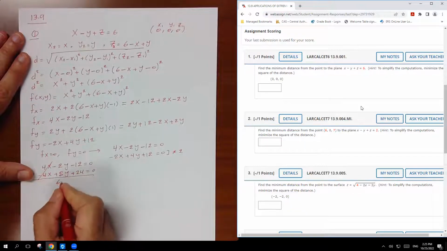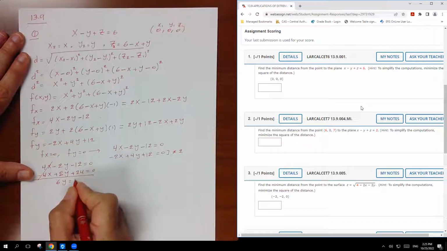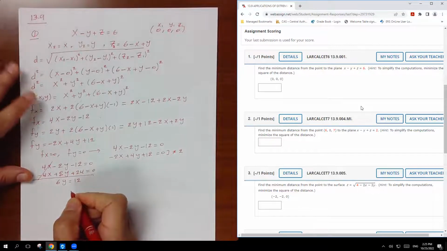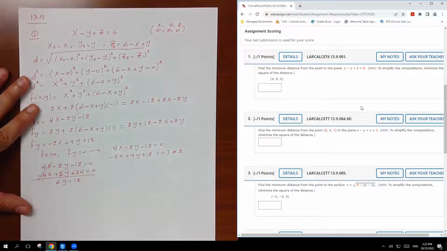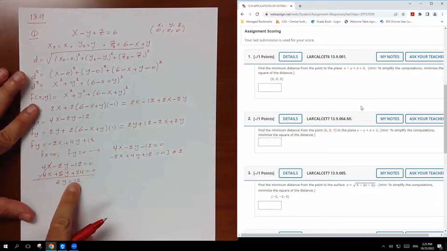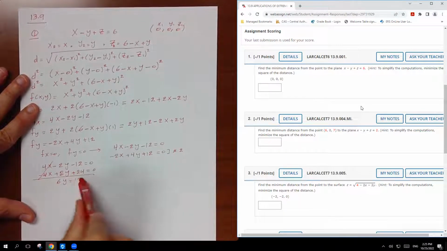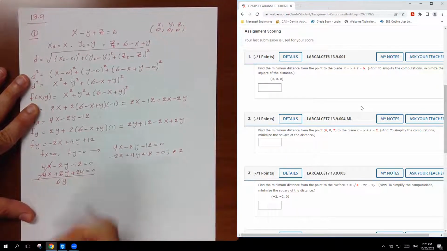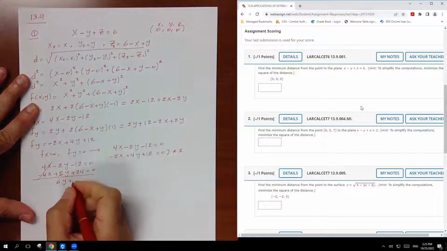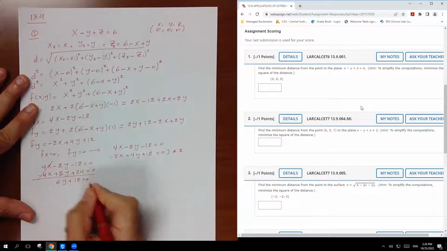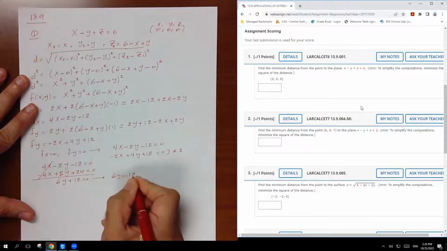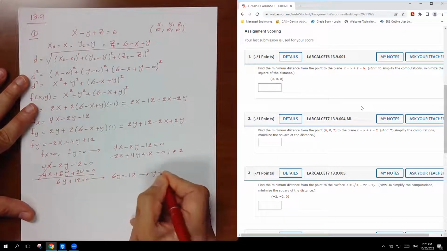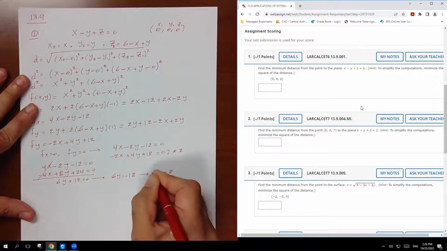So it's going to be 6y plus 12 equals 0. Here I wrote the wrong thing because I need to move this one. It's positive 12. That means 6y plus 12 equals 0. So 6y is going to be equal to negative 12. y is going to be equal to negative 2.